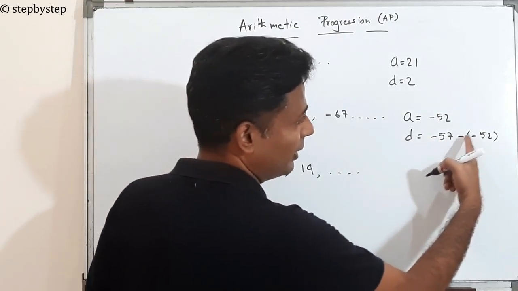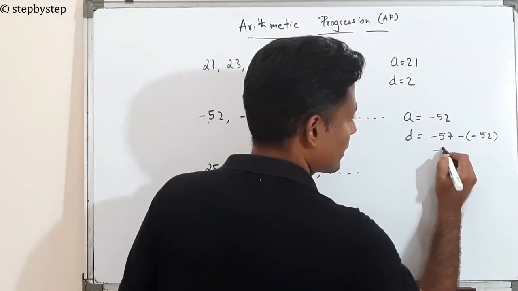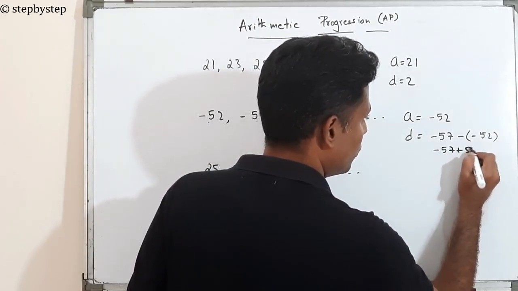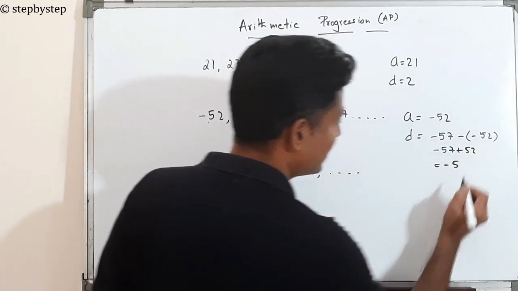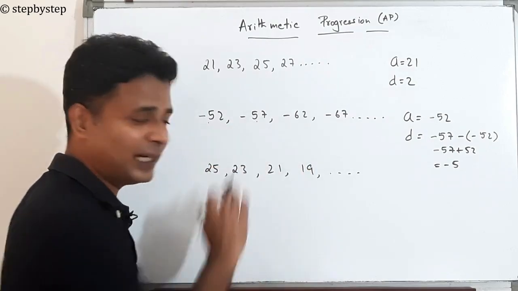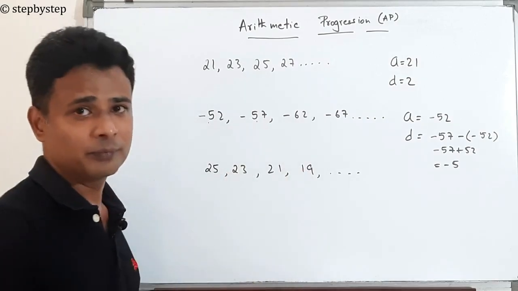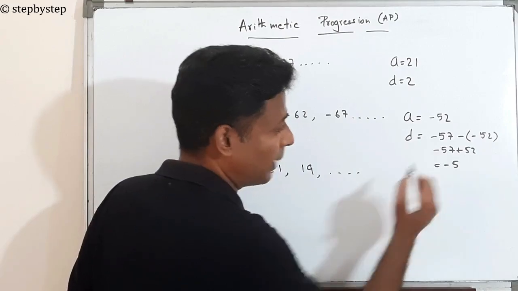So you get minus 57 minus of minus 52, which means minus 57 plus 52, which means minus 5. So what is the common difference? Minus 5, which means this is a decreasing AP. It decreases by 5 as it goes, right? So that common difference is minus 5.